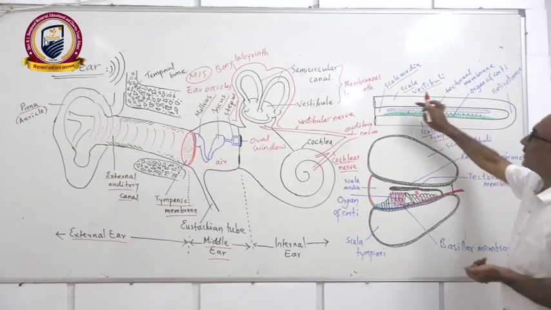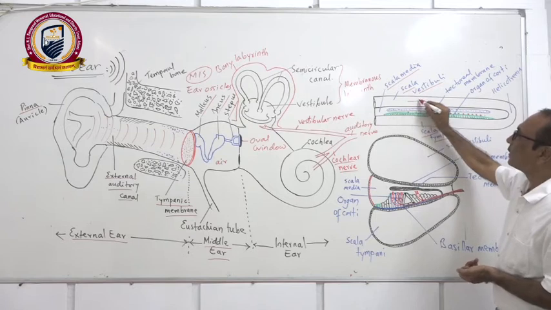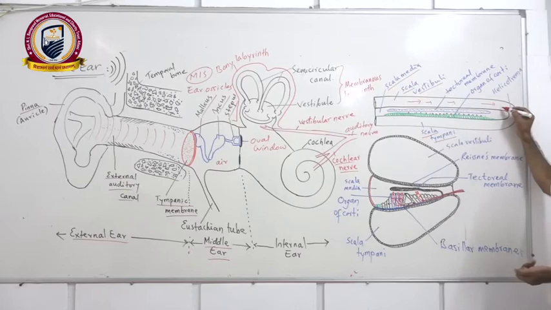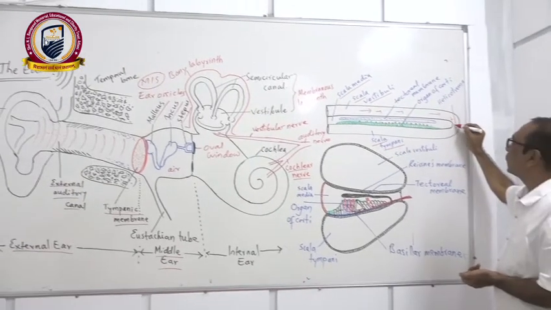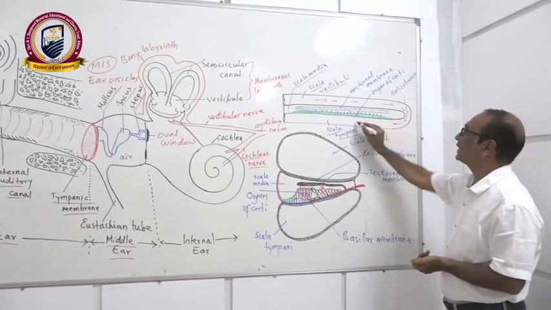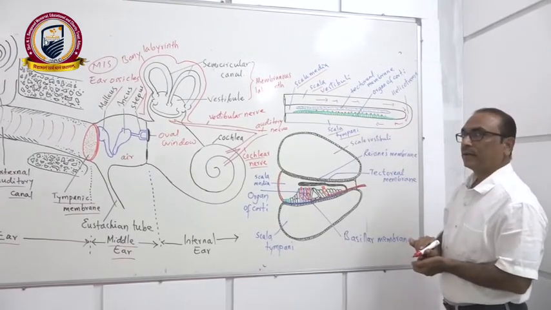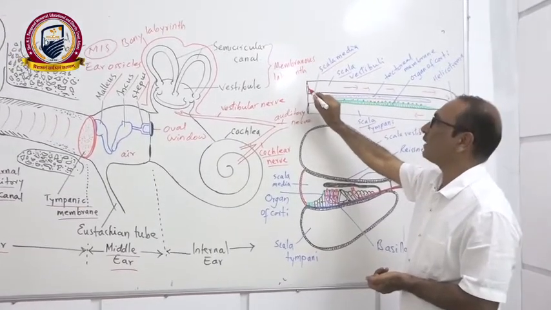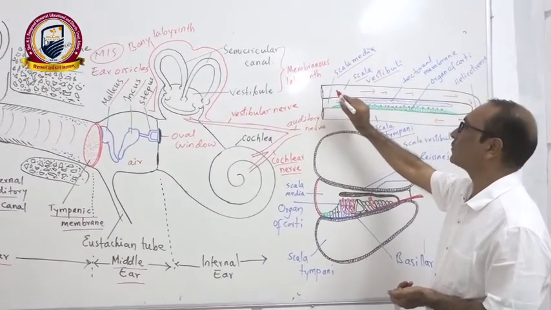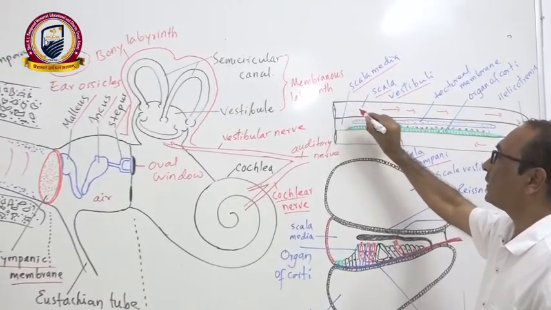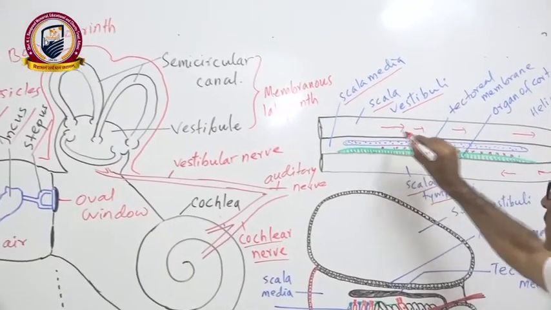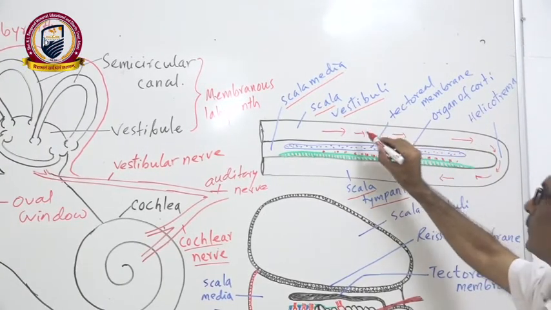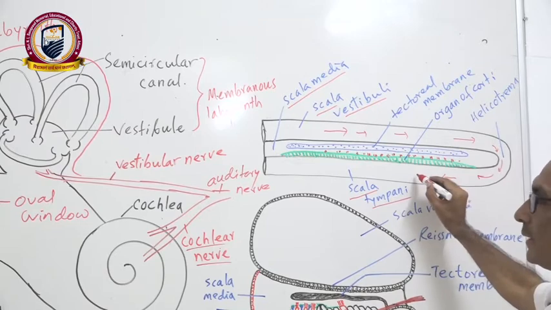And the scala vestibuli continues at the posterior end with the scala tympani, and that's how the vibrations created by the sound waves will be sent along this scala vestibuli to the scala tympani.